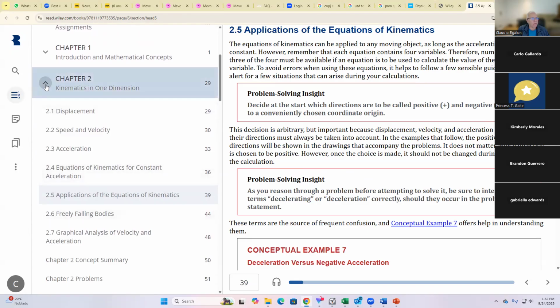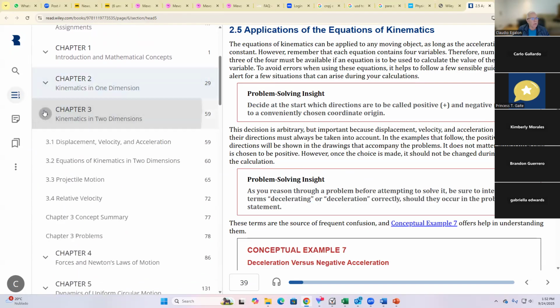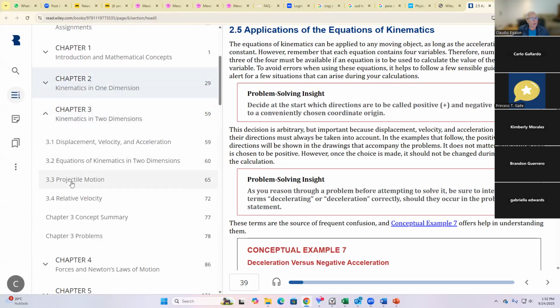We finished kinematics in one dimension. And now we're going to start kinematics in two dimensions. That's what you're going to do now.